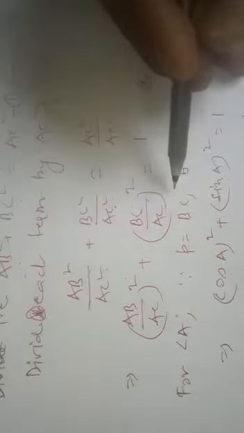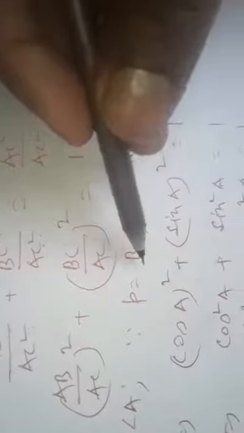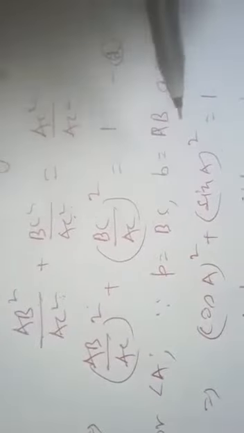Now if we consider angle A only, for this angle A, we see that perpendicular is BC, base is AB, and hypotenuse is AC.